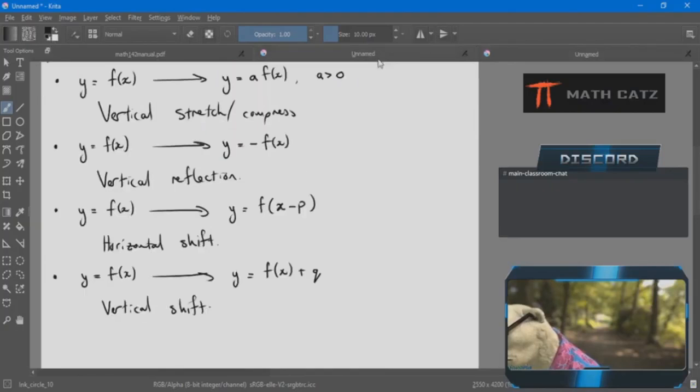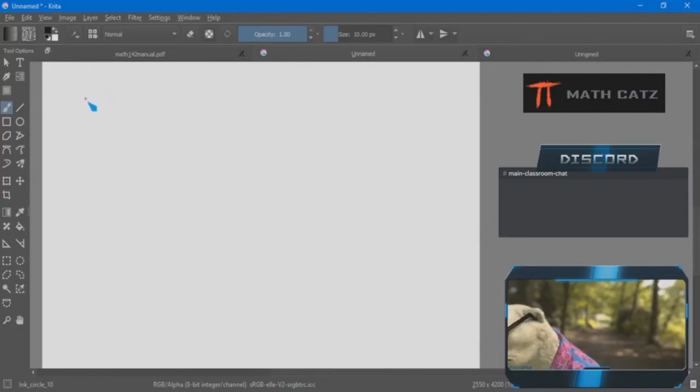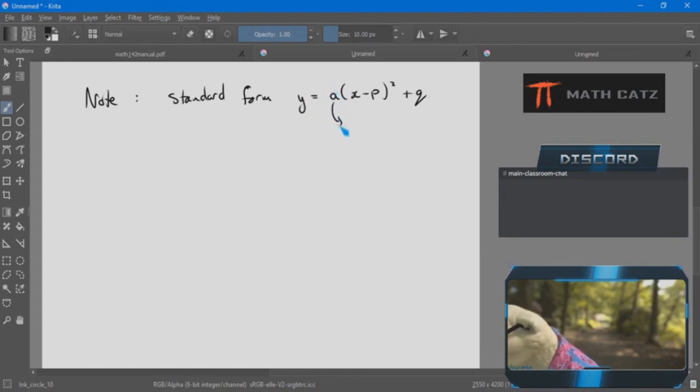Let me see. Can I go back to this page? I've got a lot of space here. So let's just note we have our standard form for our quadratic function, which looks like this. Now in this case, don't be confused. In the standard form, this a may contain negative 1.